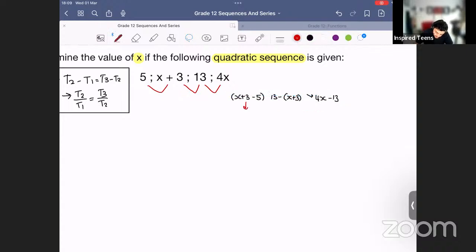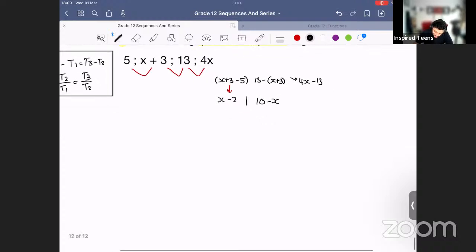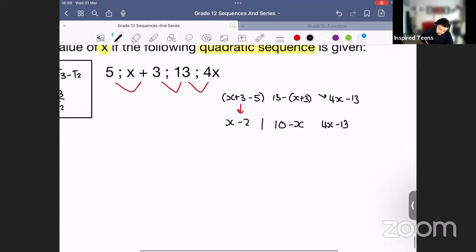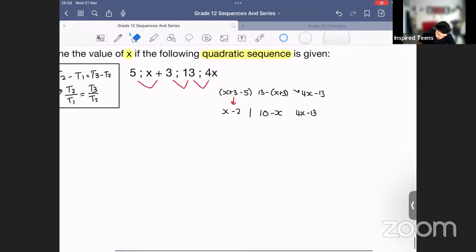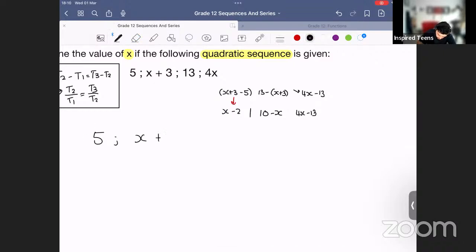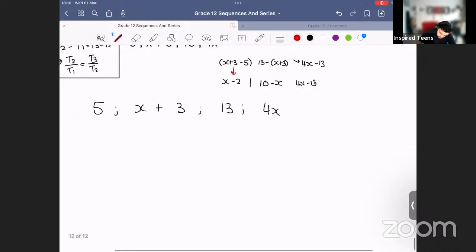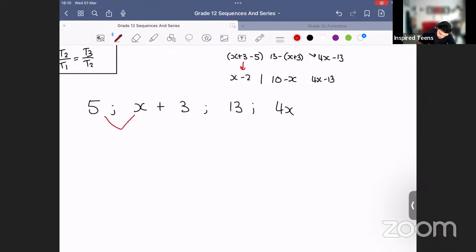This one simplifies to x minus 2. This one simplifies to 10 minus x. And this stays as 4x minus 13. Maybe what we can do is write it a bit bigger. X minus 2, this becomes 10 minus x.